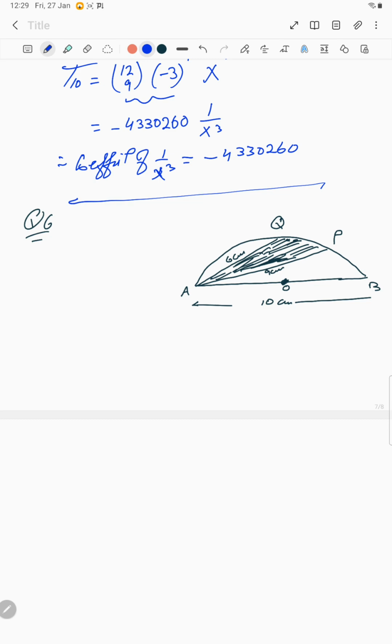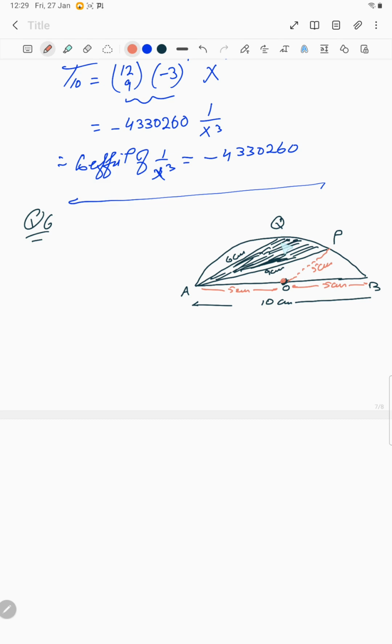So guys, here one thing you need to keep in mind, that we know the center. So from center to any other point, it becomes 5. Half of the diameter is radius. So 5 here, 5 here. And from O to P, it is 5 centimeter as well.